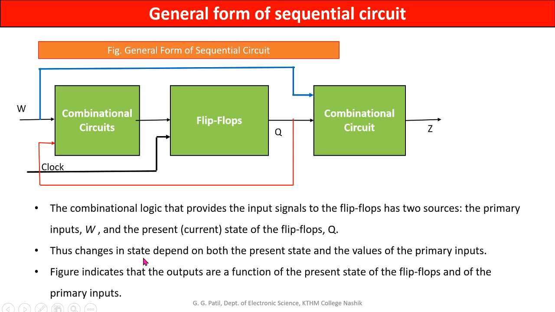Thus, changes in state depend on both the present state and the value of the primary input. Figure indicates that the outputs are a function of the present state of the flip-flops and the primary inputs.